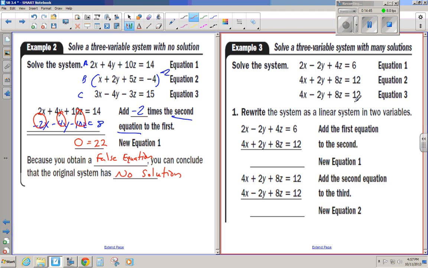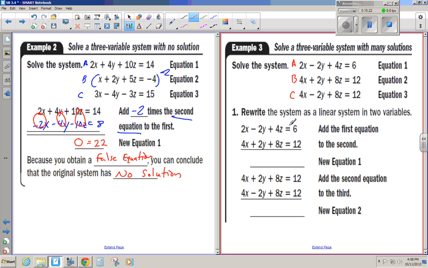All right, now with many solutions. If a false equation means no solution, anytime you get a true equation that's always true, there will be many solutions. So take a look at these variables. Right now, the negative 2y, a 2y, and a negative 2y, the y's for equations A, B, and C are the best choices because they're already opposites.